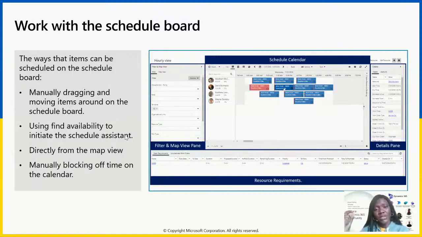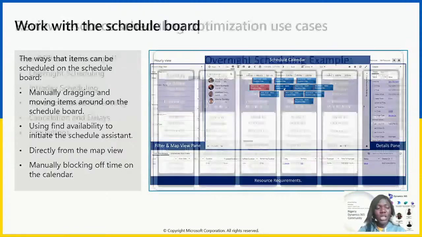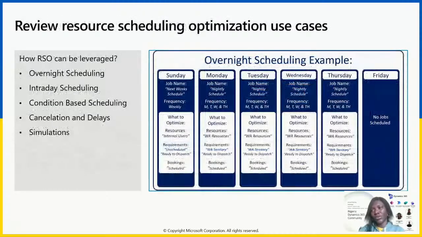So the schedule assistant has gone and checked everybody's calendar and has seen a time that is available for each person there. So it's the same concept that is being used here also. Then you can also view the map and manually block off time on the calendar. We'll see a demo about that in a bit, which shows some more.